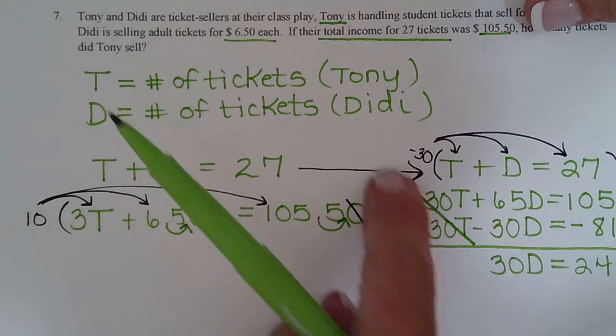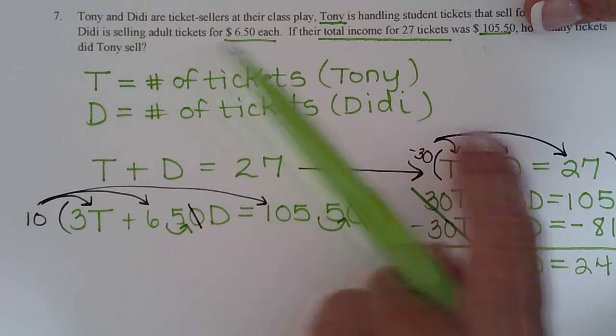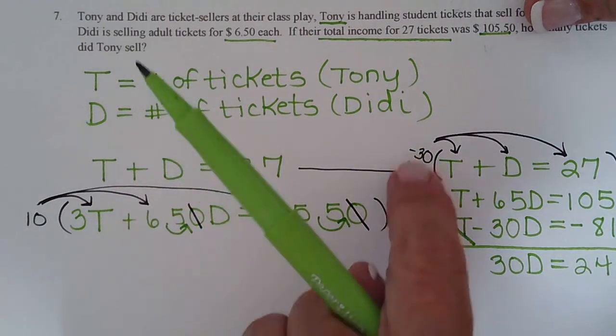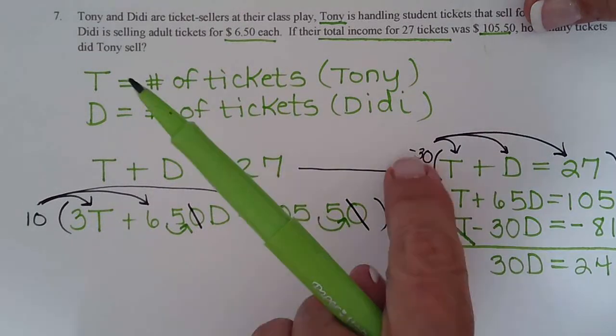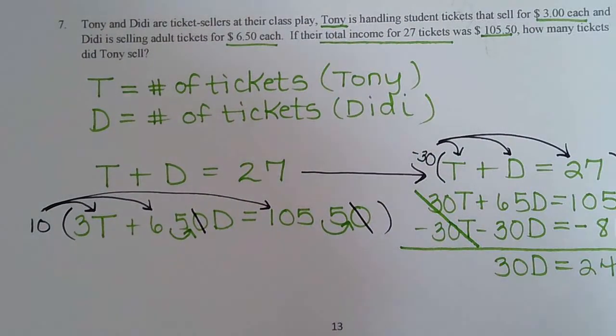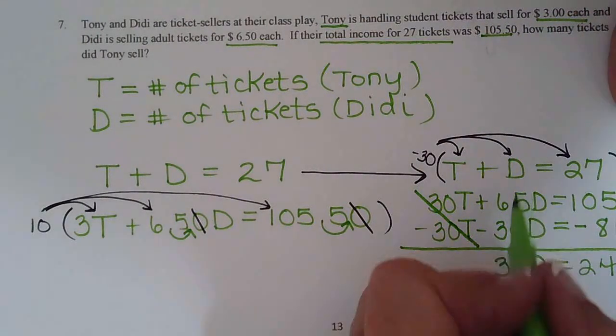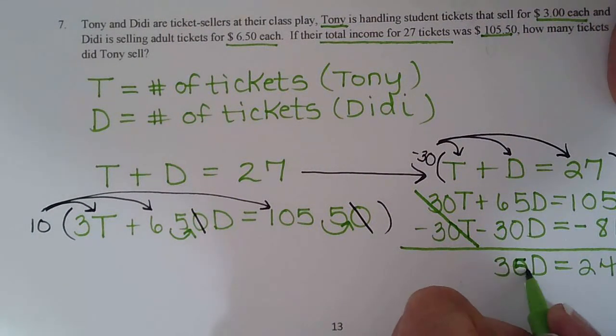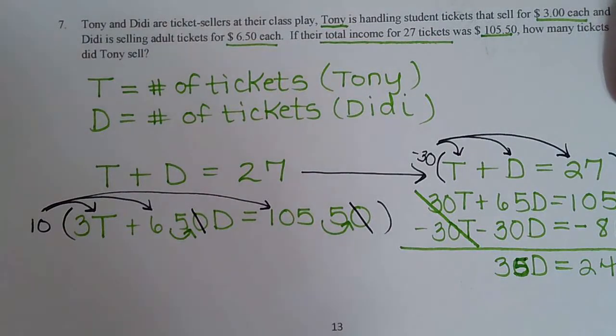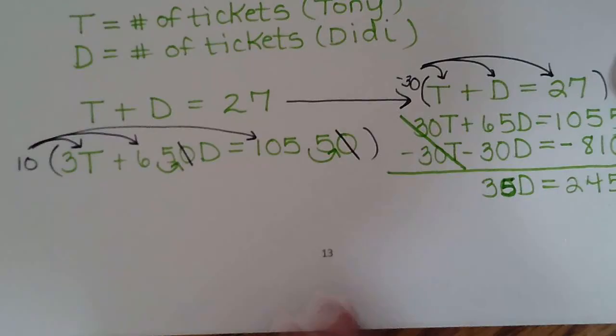And then I multiplied all this by negative 30, so negative 30T, negative 30D, negative 810. Oh, I see my mistake. I subtracted wrong. So anytime you catch something like that and go, wait, we can't have a decimal number of tickets, go back and look at that.